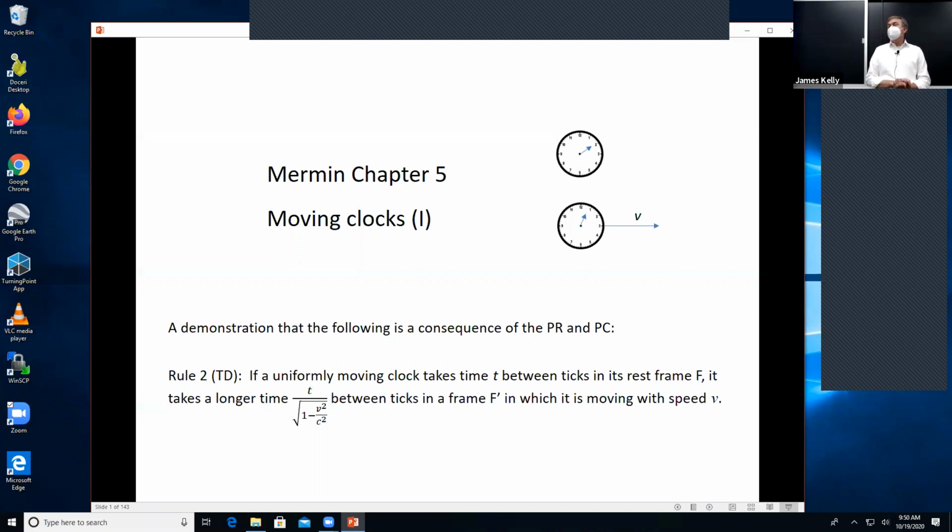When clocks are moving at a great speed with respect to us, or we're moving at a great speed with respect to them, in relativity, that means exactly the same thing.